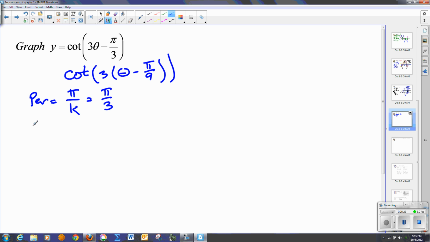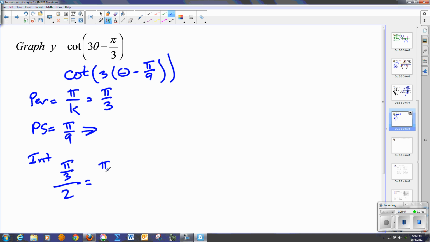My phase shift is equal to pi over 9 to the right. My intervals, since I have cotangent and my period is only pi, is going to be the period value, which is pi over 3. And since I'm only talking now about half a circle, I divide by 2 to get my interval.